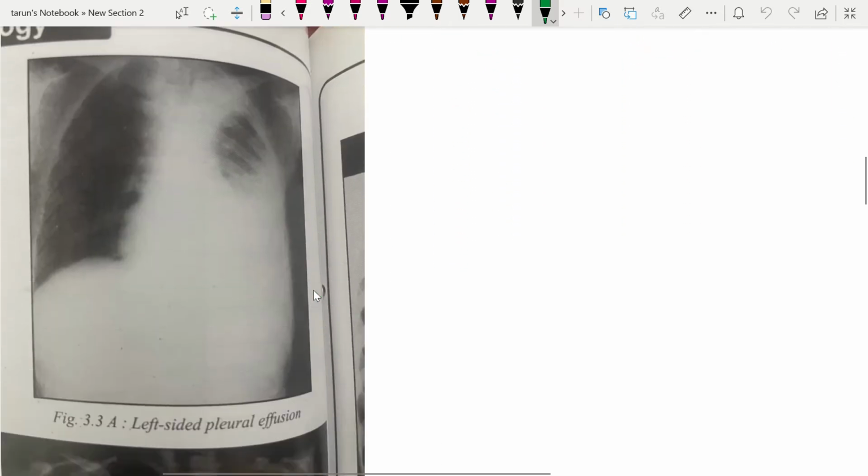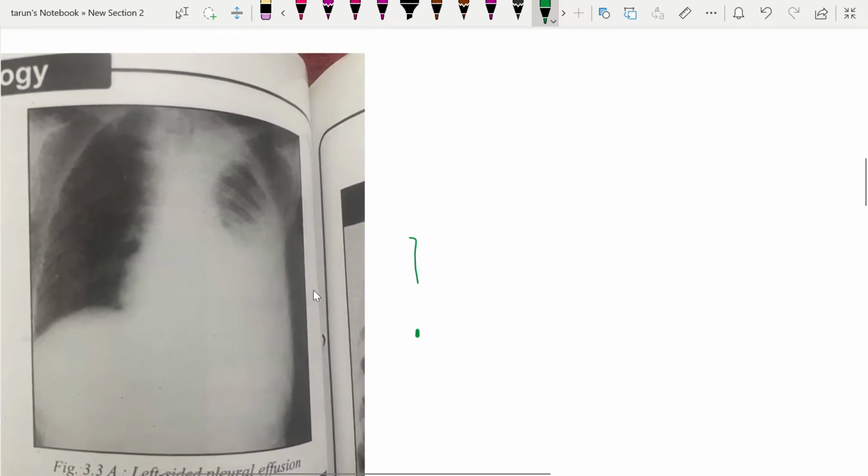Now we'll take the next X-ray. So this is the next X-ray. This is left-sided pleural effusion. So how will you describe the chest X-ray?